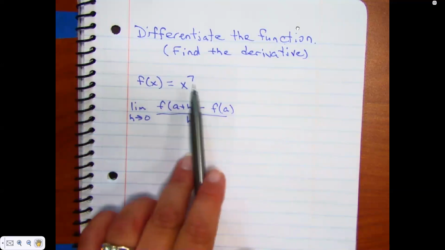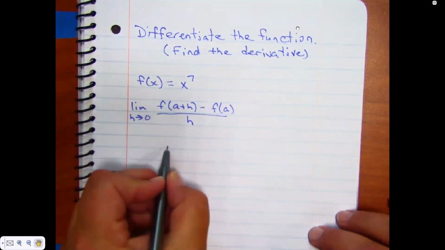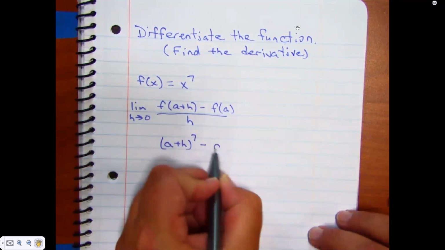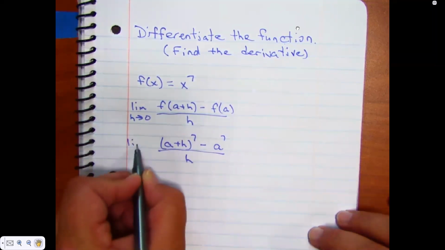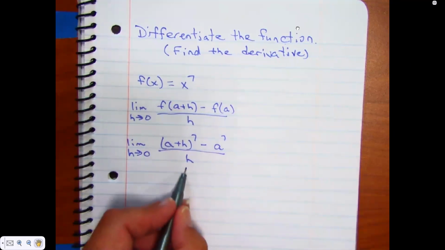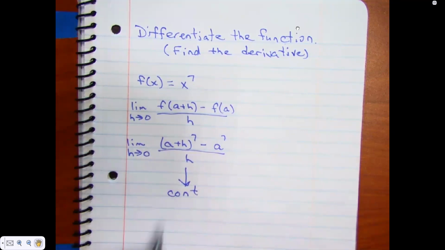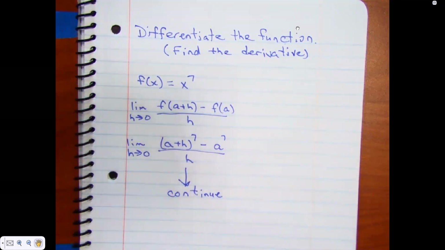It's just, this starts to get to be annoying with a 7th, because I've got to do a plus h to the 7th minus a to the 7th all over h. And that's going to be a little hard to work with. So I'm going to put it like this, and I'm going to say continued, right? Because we're nowhere near done. That's going to be a little crazy.